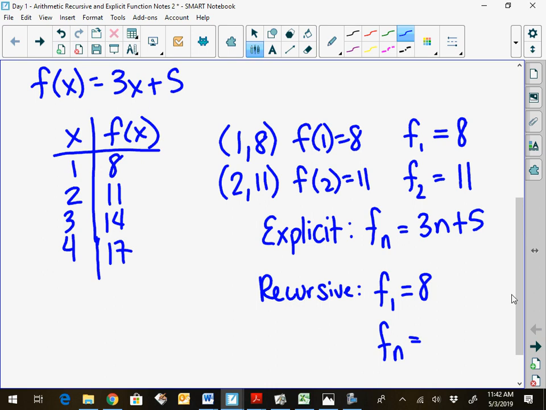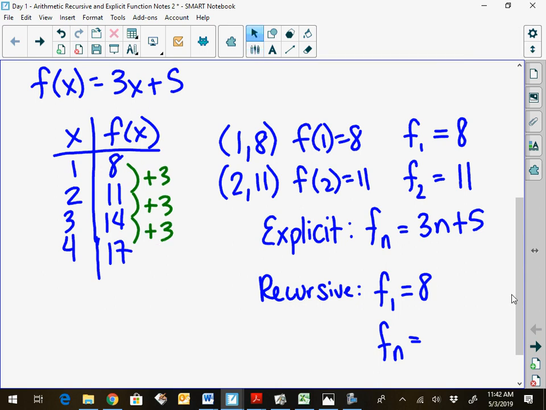We took our first term, and how did we get to the next term? Well, we added 3, right? And how do we get to the next term after that? So let's look. Over here, we started at 8, we added 3, we added 3 more, we added 3 more. So f sub 1 was our first one, right? And then we added 3 onto that.